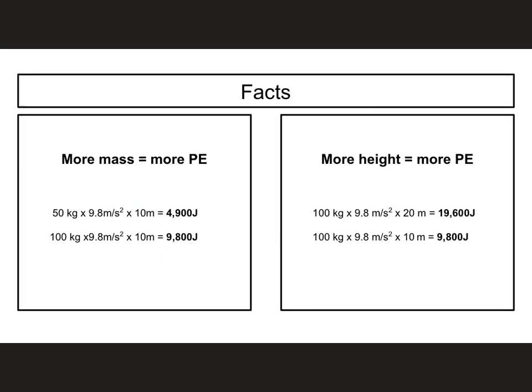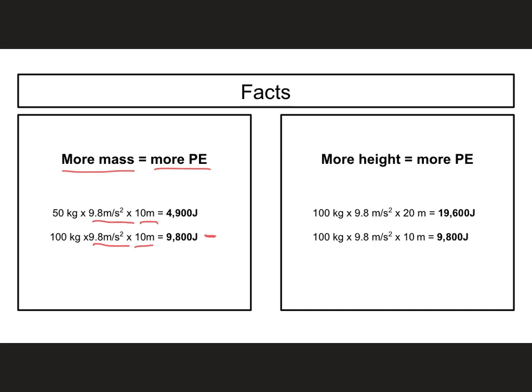So here are some facts about potential energy. The more mass you have, the more potential energy you have. Looking at the examples here, I can have the same height, gravity is still the same, but the weights are different. As a result, you see that one has more potential energy than the other one.